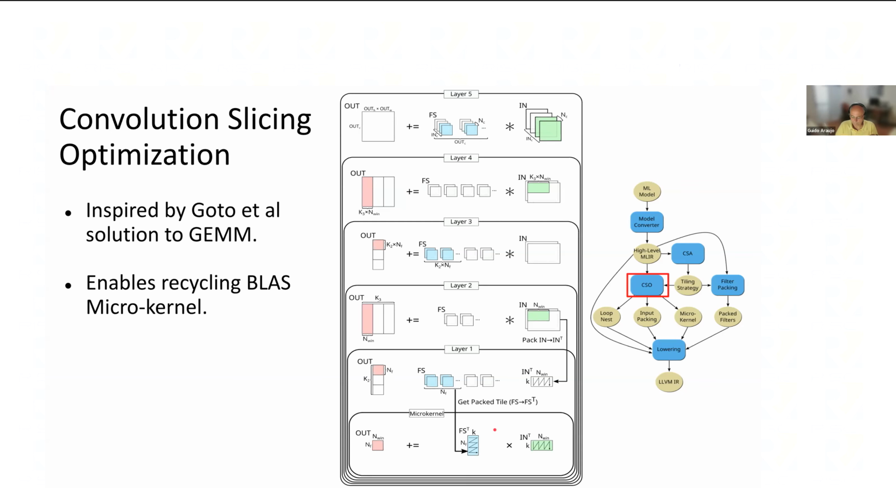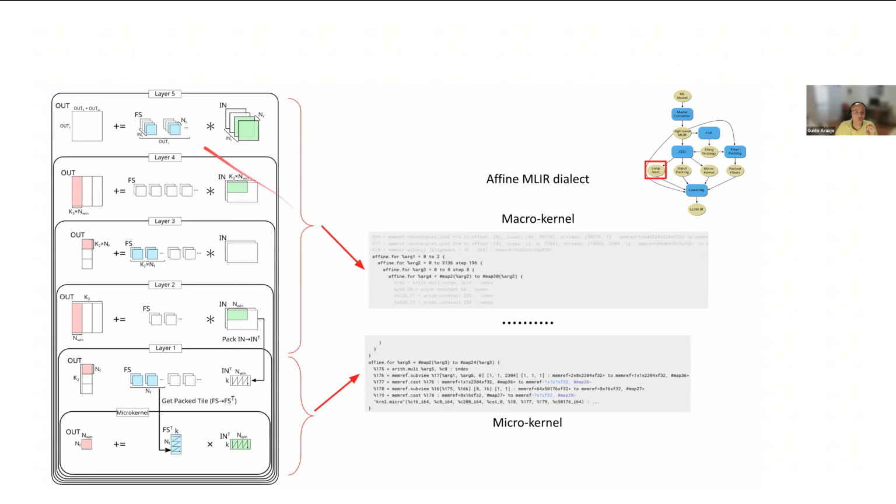All right. So as I mentioned before, you have all these layers which correspond to for loops. And inside our approach, this first set of layers, 5, 4, 3, 2, correspond exactly to affine.for calls. What is this affine?